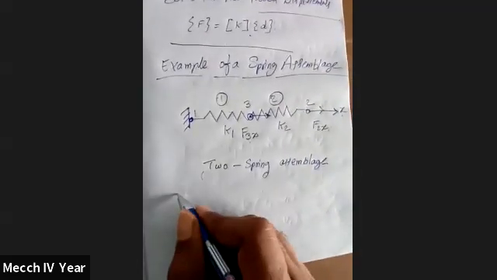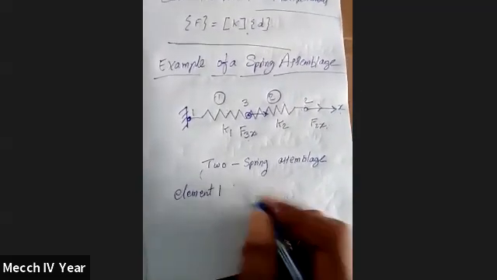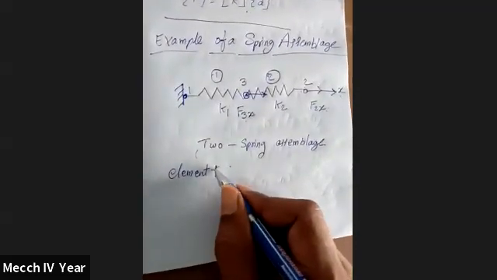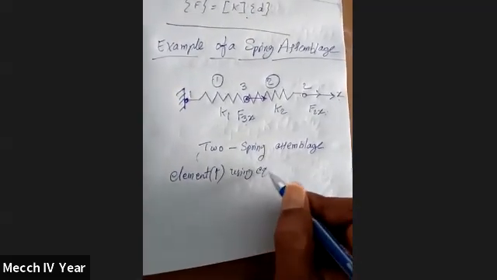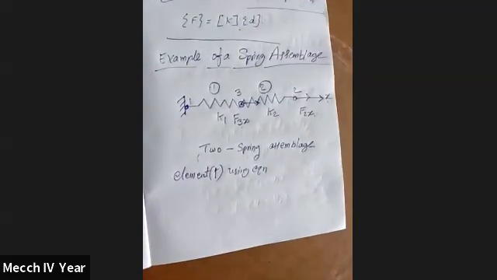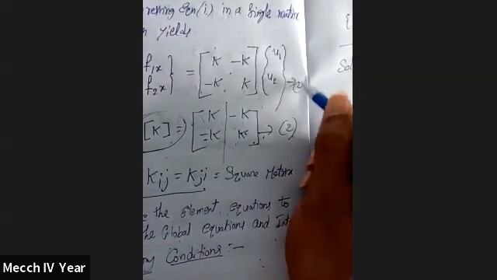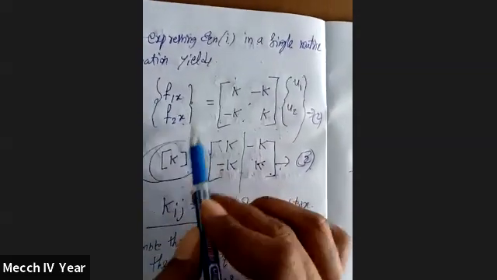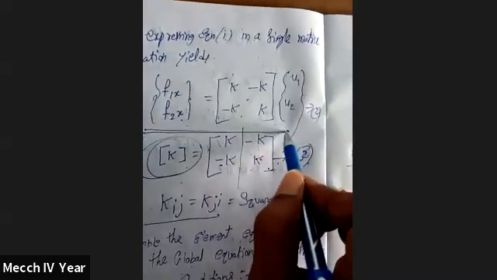For element 1, we are going to take element 1 using equation number, we are going to see here this one. This is 2 and this is 3 you can take. So this equation, we are going to take this equation right now. Okay, this equation 2.